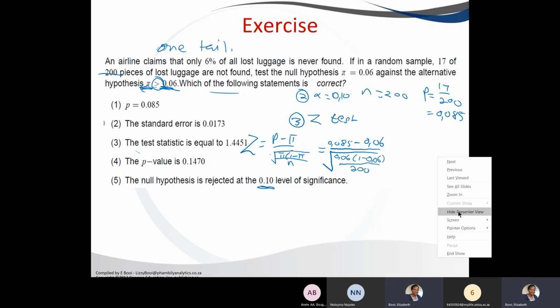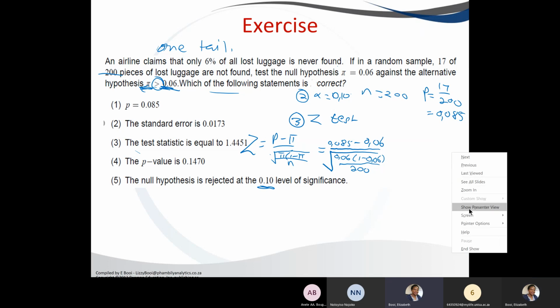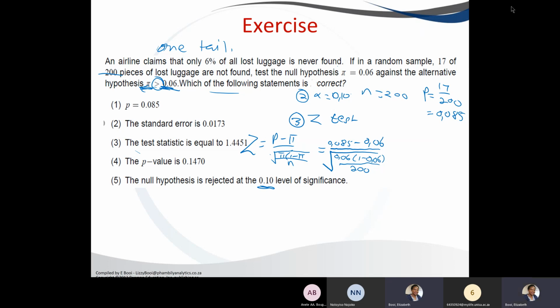Go to my calculator. First I will calculate the standard error, which is the value underneath this.